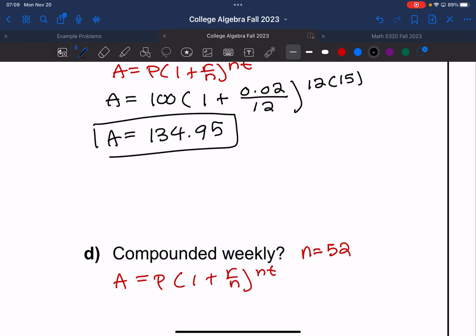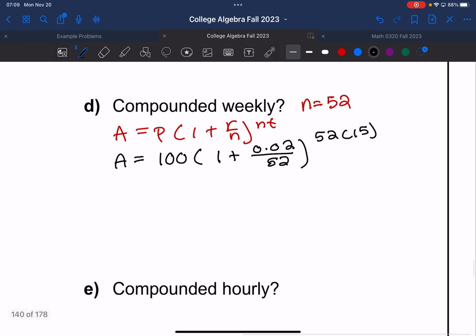Plugging everything in, I have A is equal to 100 times 1 plus 0.02 divided by 52 to the power of 52 times 15. Type that into your calculator. Weekly, we get 134.98.